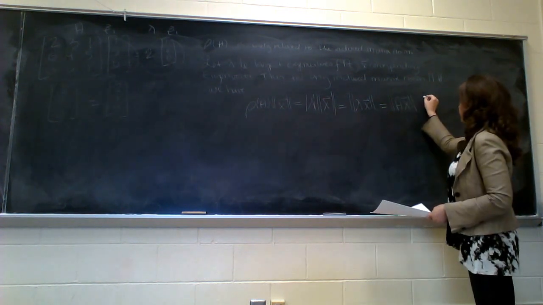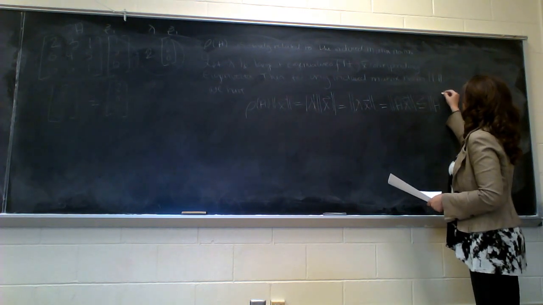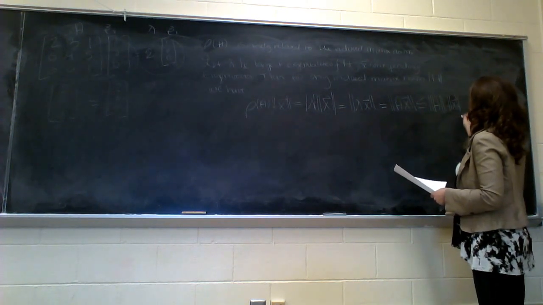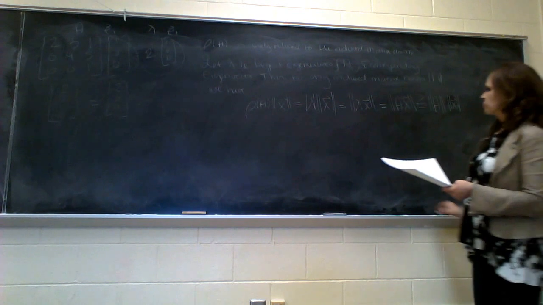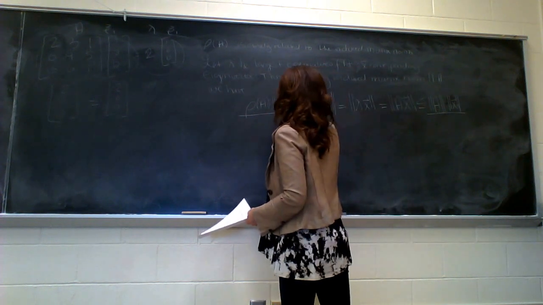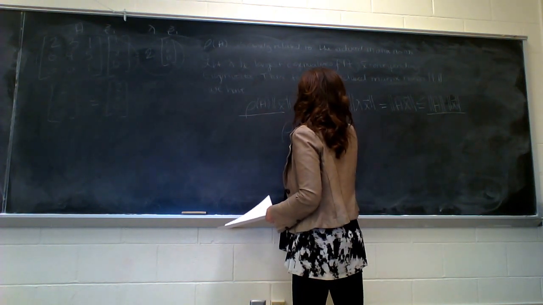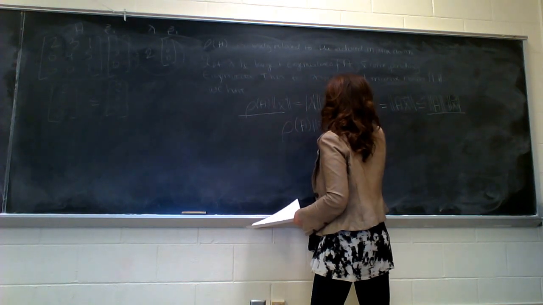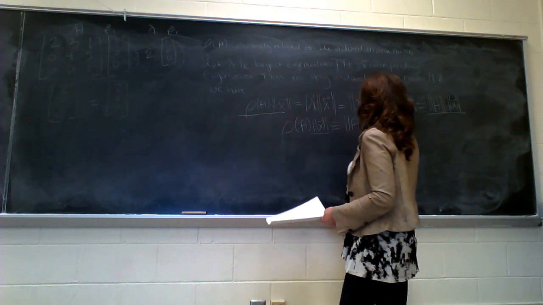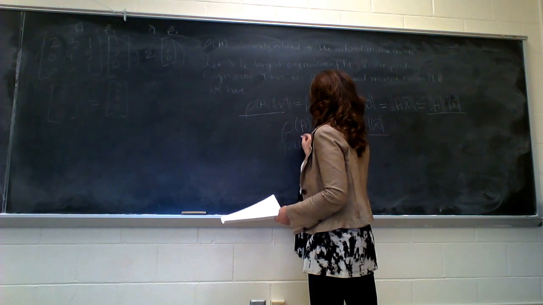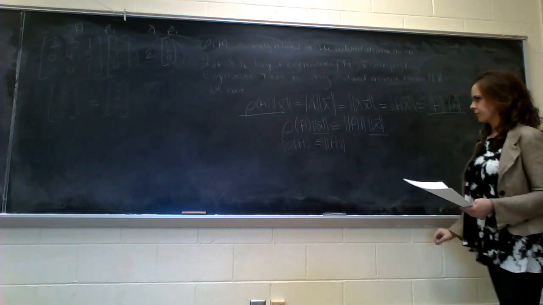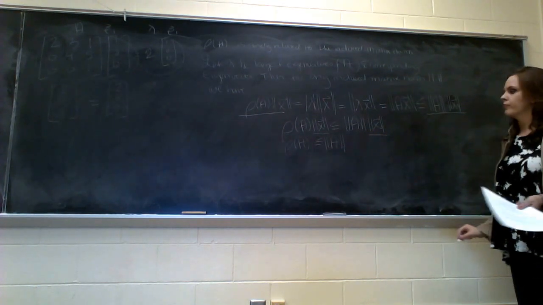Using the submultiplicative property, we know that this is less than or equal to the norm of A times the norm of X. So if we look at where we started and where we ended up, rho of A times the norm of X is less than or equal to the norm of A times the norm of X. Since we have the norm of X on both sides, we can say that rho of A is less than or equal to the norm of A in any induced matrix norm.